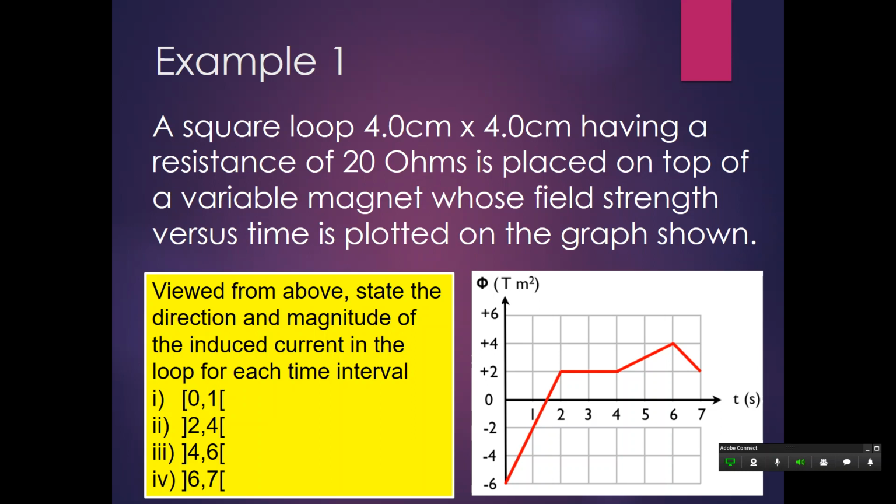And are they getting more up or less up? Less up. So how is nature going to counter that? By inducing a field in which direction? The upward direction. So now you use your right hand rule. Up. Okay. So my B induced is upward, and I'm inducing a counterclockwise current.